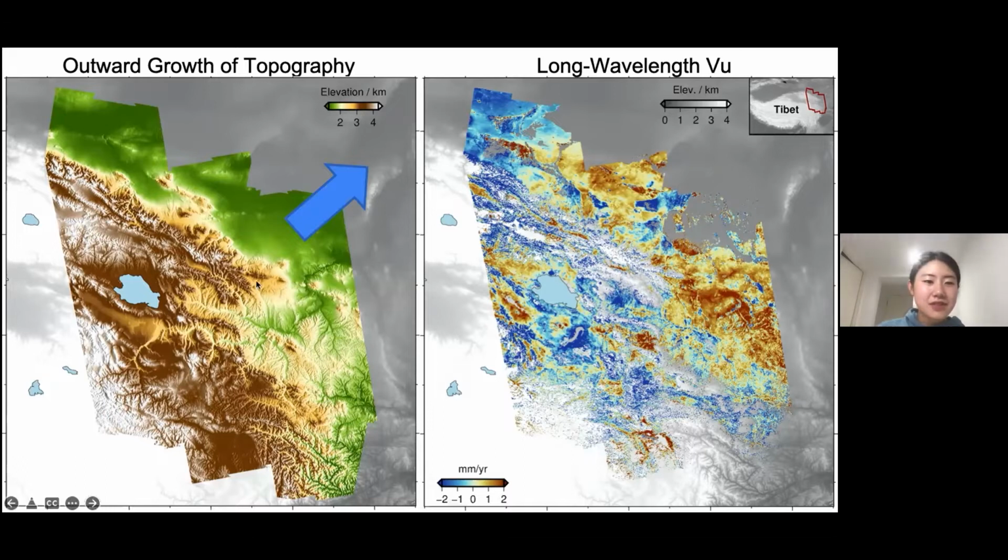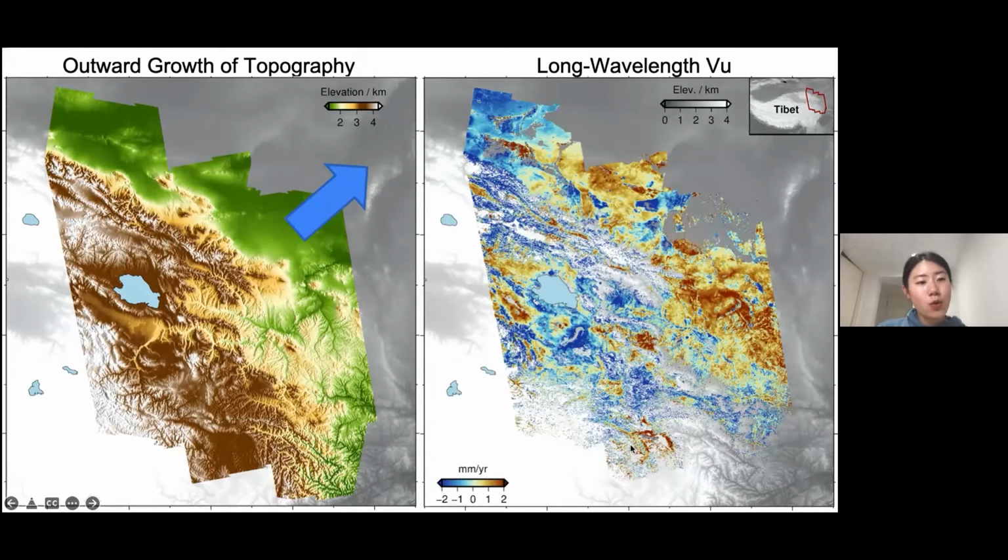On the left, we are seeing highland in the southwest and lowlands in the northeast. In the vertical velocity map, we are seeing kind of the opposite, with uplift mostly in the northeast and subsidence across most of the highlands.